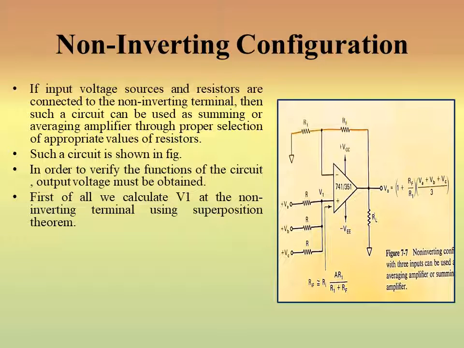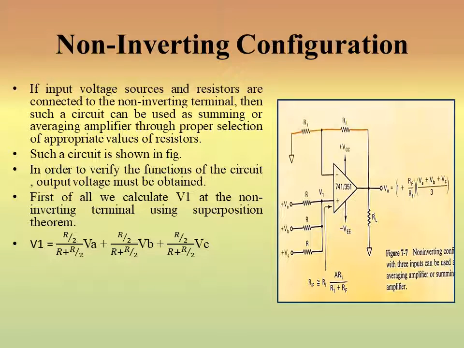Now what is superposition theorem? Superposition theorem simply says that for a linear system, the response in any branch of a bilateral linear circuit having more than one independent source equals the algebraic sum of the responses caused by each independent source.